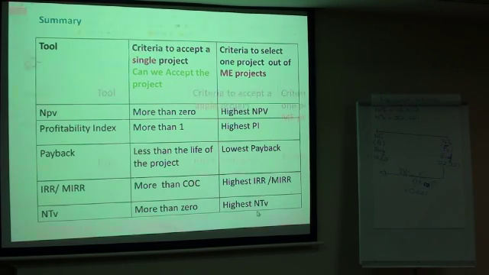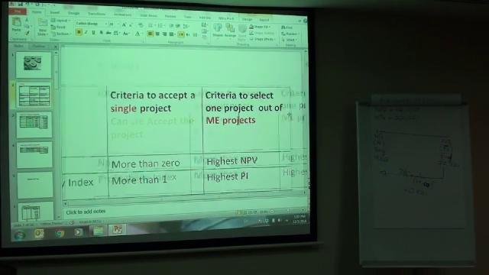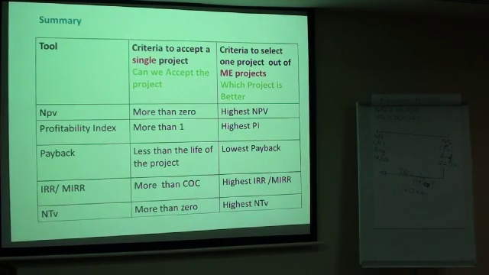If we are selecting a project out of a set of mutually exclusive projects, then the type of question we ask is, which project is better? So it's a selection of a project out of a lot. We do NPVs for all the options and we pick the highest NPV, or the lowest payback, or highest IRR.